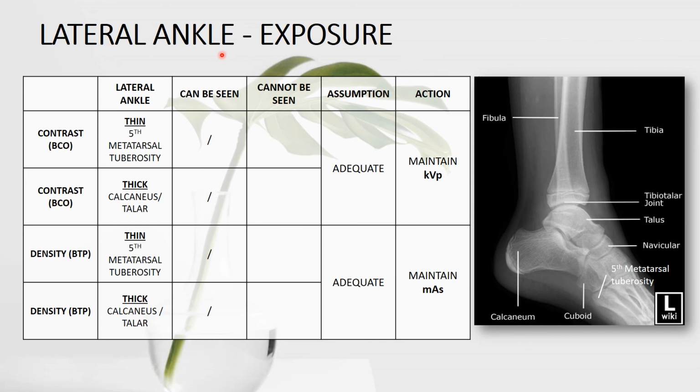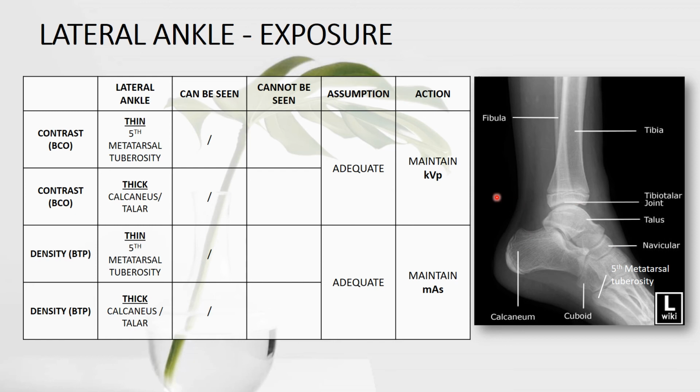Okay, for the exposure factor, for the lateral ankle, the bony cortical outline of the thin structure, which is the fifth metatarsal tuberosity, can be seen, and the bony cortical outline of the thick structure, which is the calcaneus and talus, can be seen.